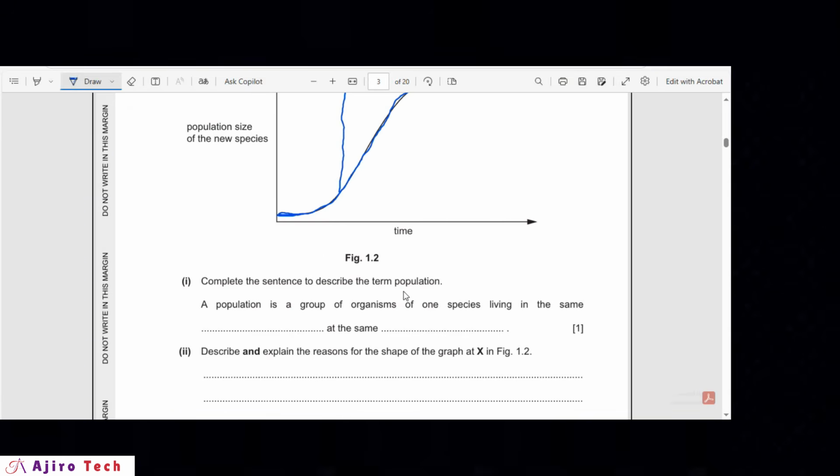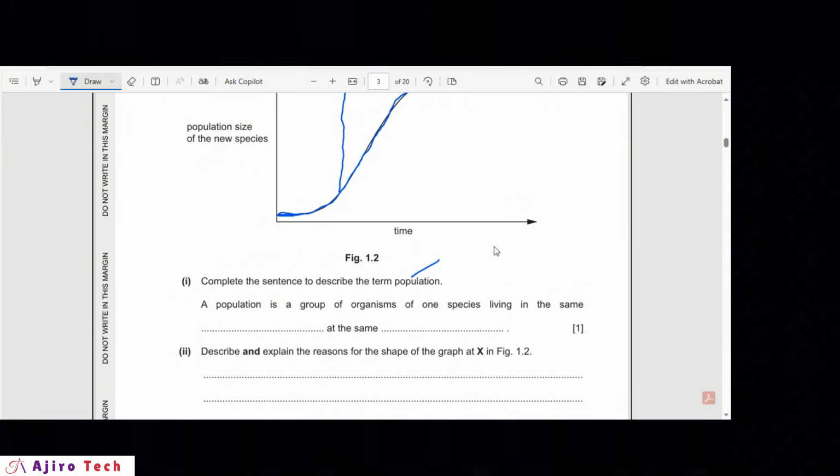Complete the sentence to describe the term population. Population is what? A group of organisms that lives in a particular habitat or area at a given time. A group of organisms of one species, right?